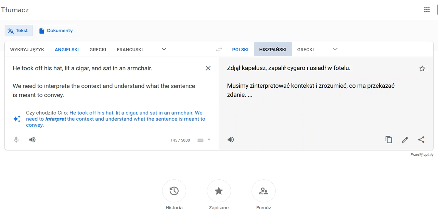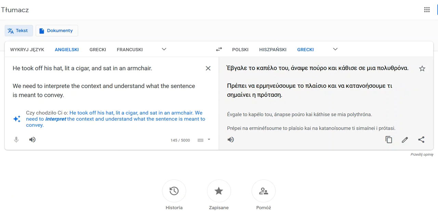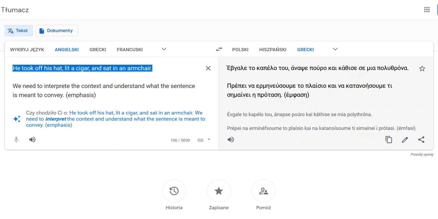Okay? In other words, where the emphasis is. Emphasis. That's the point. So the emphasis in this is to tell the audience, whoever the audience is, that these things happen successively. Okay?